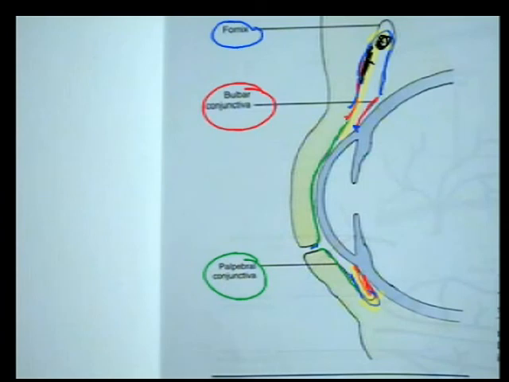Here's a cross-sectional view, and I've highlighted in green that inside lining of the lids, which would be the palpebral conjunctiva. In red, the part that's covering the sclera or the bulbar conjunctiva. And then you can see this cul-de-sac or fornix, sometimes called the conjunctival sac, both in the upper and lower lid. And again, it's continuous.